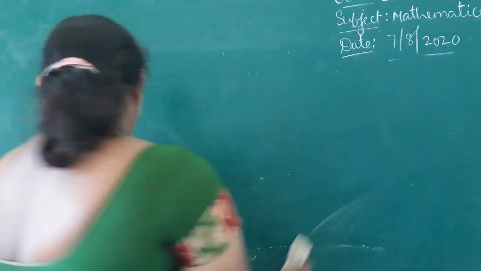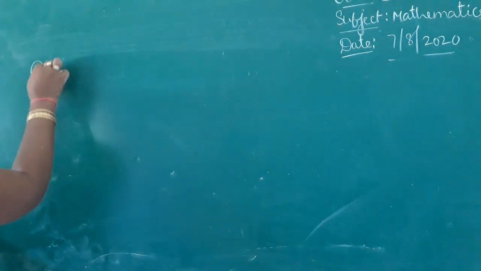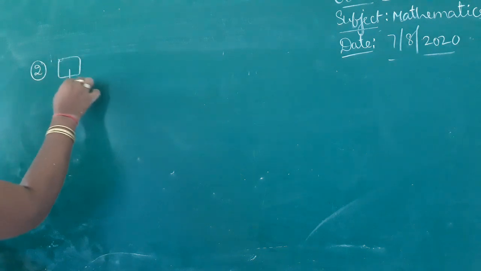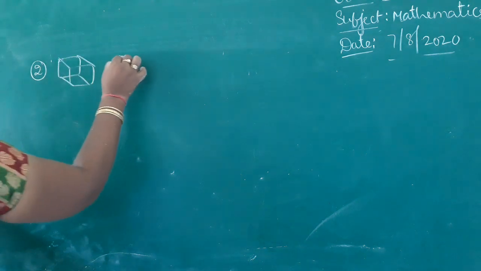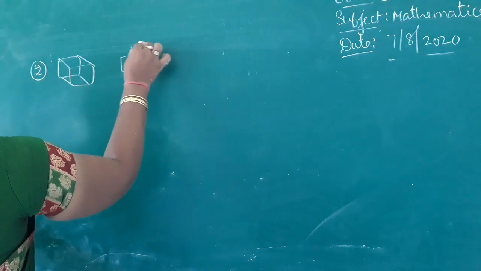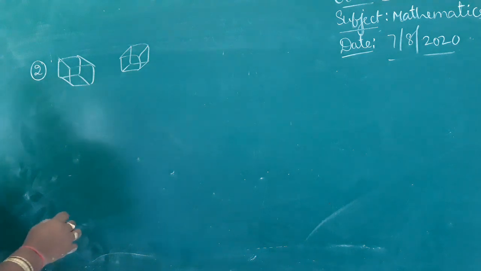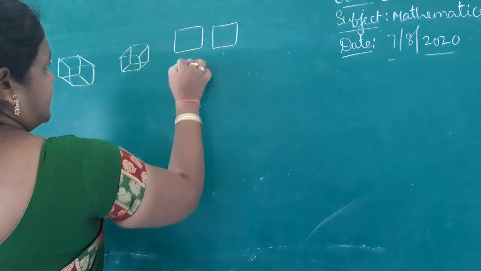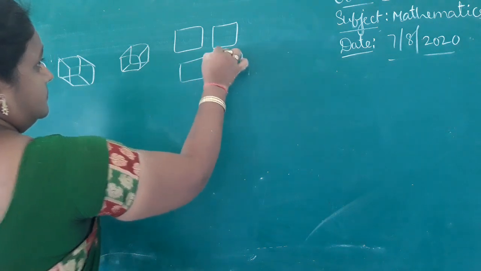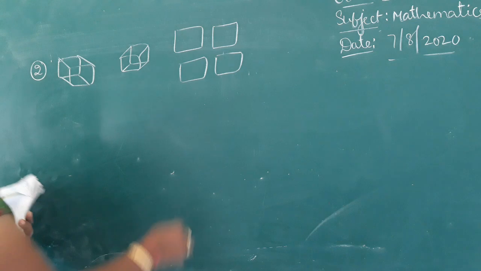See the second one. Here they have given 2 squares, 4 square boxes, and 9 ones.